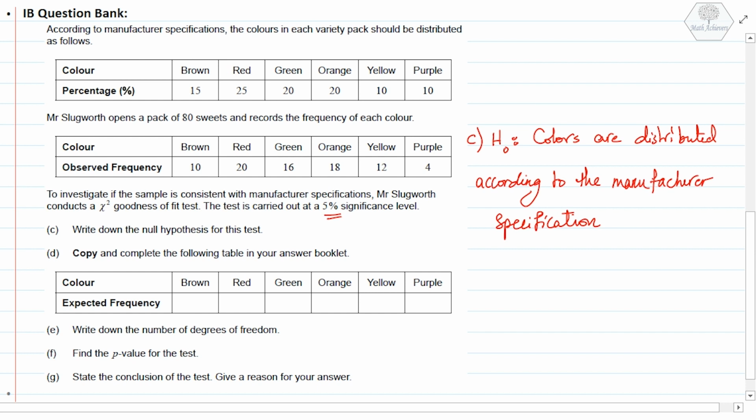For part D of the question, we need to copy and complete the following table in the answer booklet. We need to fill in this table with the expected frequencies.